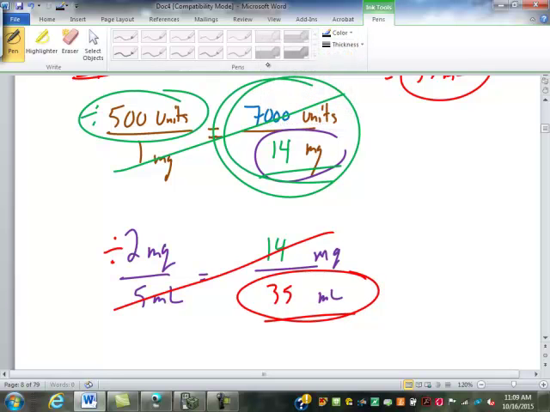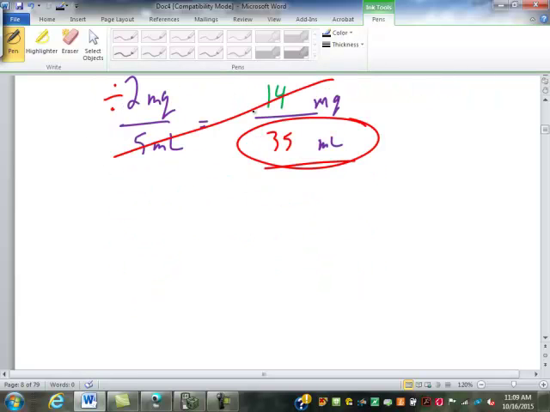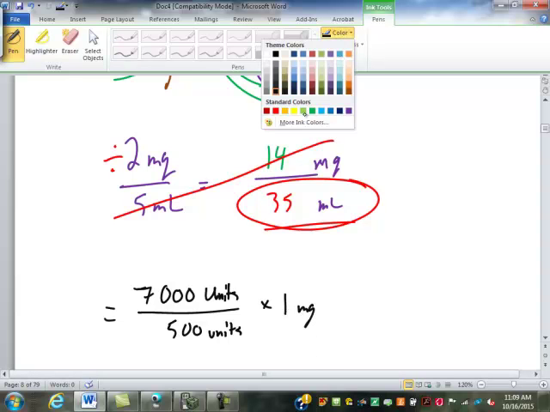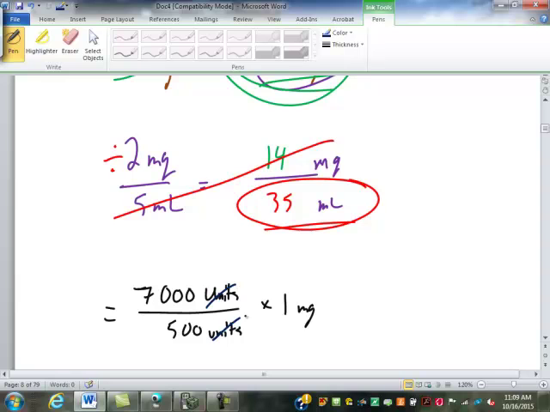The dosage calculation formula is even worse. If I were using the dosage calculation formula, I would have the 7,000 units ordered over 500 units. The vehicle will be 1 milligram. This cancels.